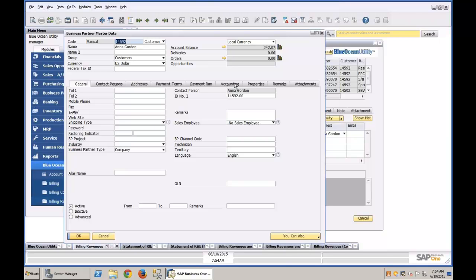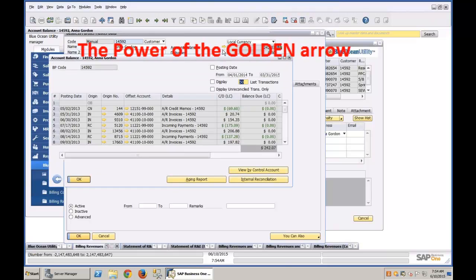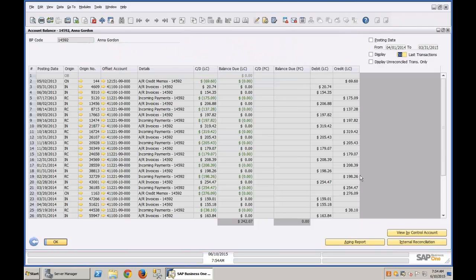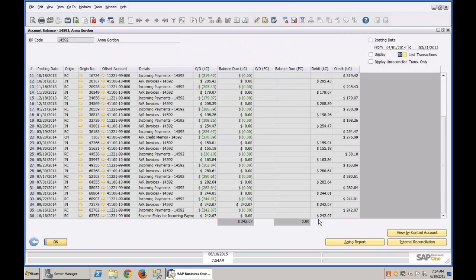Note that we could drill down even further wherever we see a golden arrow, so in this case we could drill down and see the account history, balance of all bills and payments, the total agreeing with the amount that shows on the account master screen.